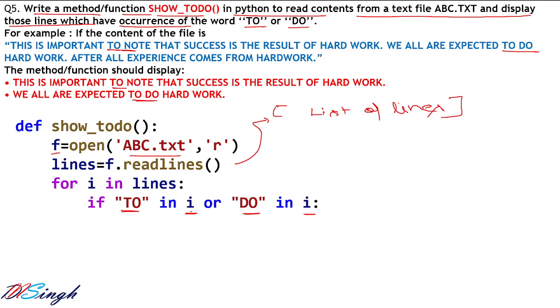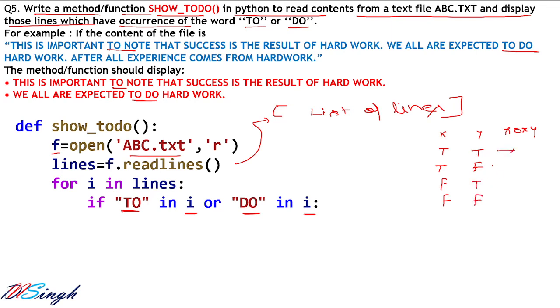if "to" is present in the line, then the whole condition will become true, or if "do" is present in the line, then the whole condition will also become true, because we know that for the or logical operator, if there are two conditions like x and y, and you do x or y, then the table is: true true, false false, then true false and false true.